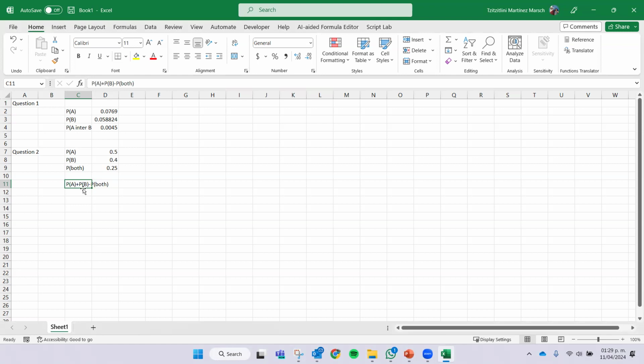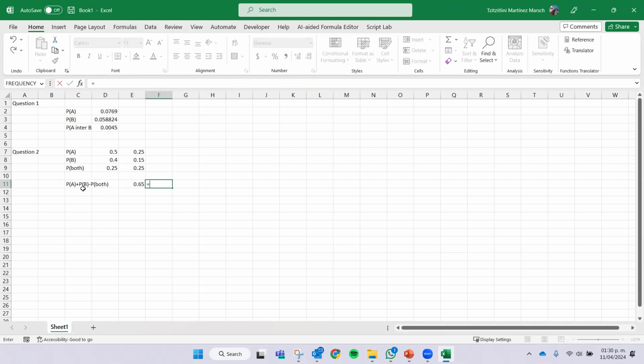So let's go ahead and do it. The probability of A plus the probability of B minus the probability of both, which eliminates the duplicity, is 0.65. There's another way to do it if it's easier for you to understand: the probability of A minus the intersect, plus the probability of B minus the intersect, plus the probability of the intersect.